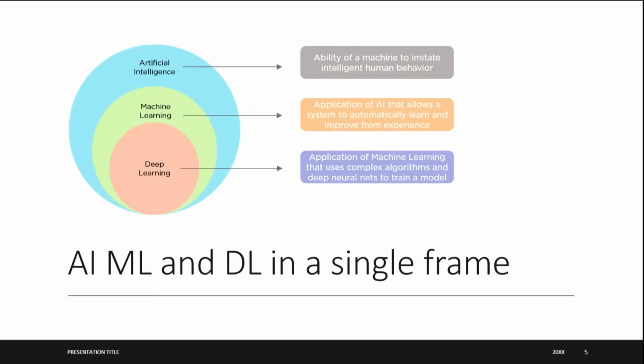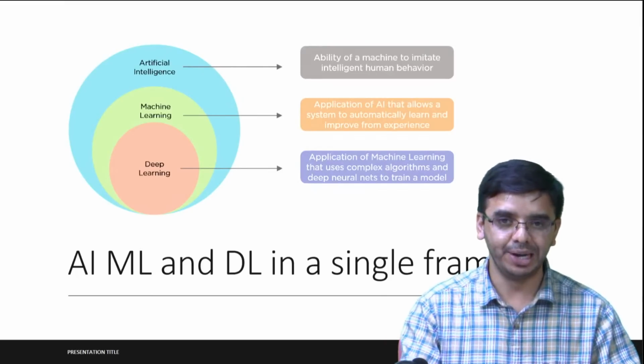But there is a subset of artificial intelligence which is one of the most successful techniques in creating artificial intelligence, and that is what we call machine learning. In machine learning, we don't write a very intelligent program; instead we write a program which learns from previous data. It is a branch of artificial intelligence which makes a machine intelligent by learning from past data.